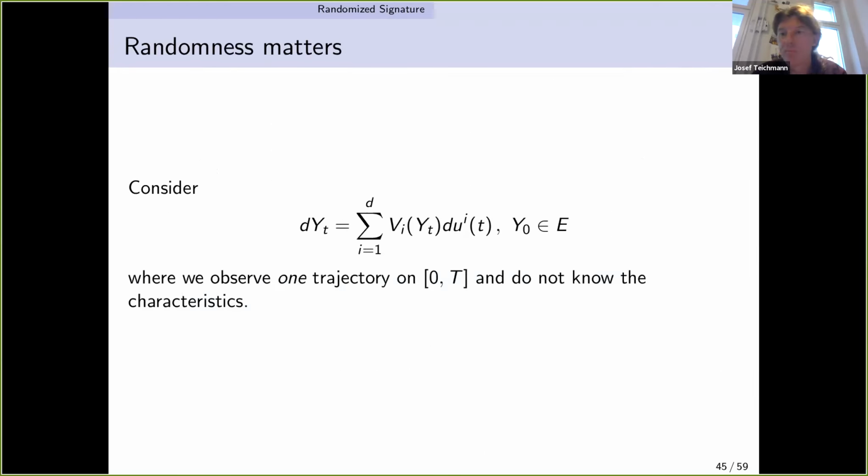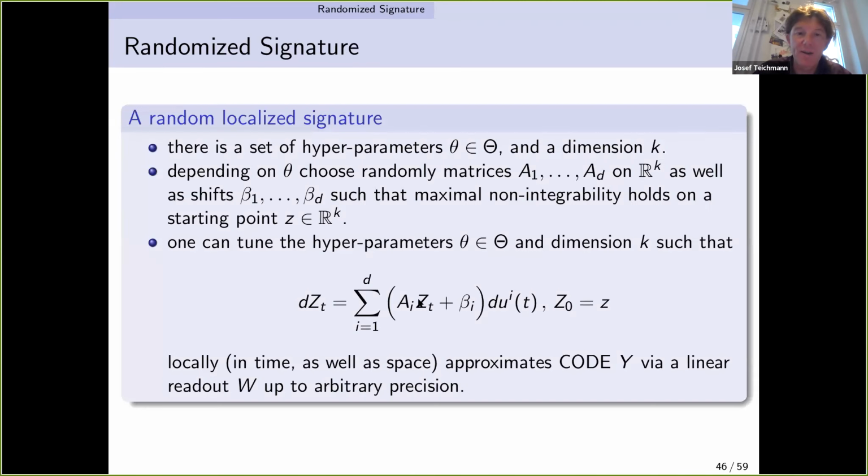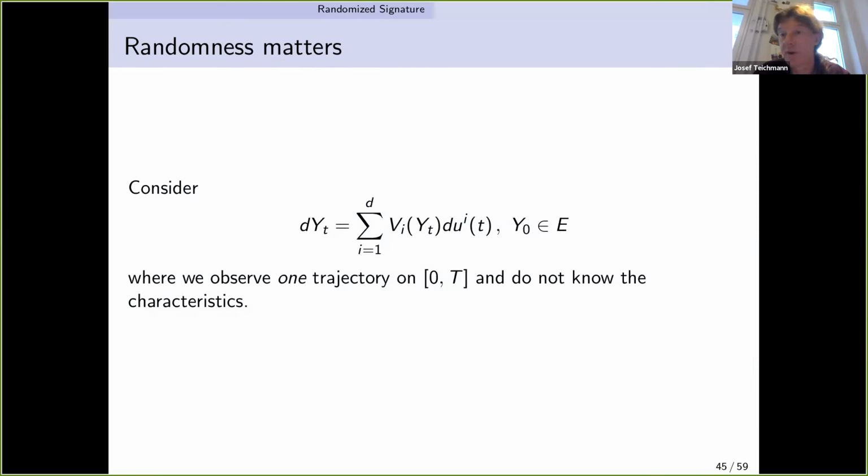Okay. What does it finally mean? What we actually proved here is, if we have a general dynamical system of this controlled ordinary differential equation type, we can find such a system, a random controlled ordinary differential equation, where A is a random matrix and beta is a random vector, such that the solution of this equation is, no, it's not a basis, it's an approximative regression system on path space for the solutions of this object here.